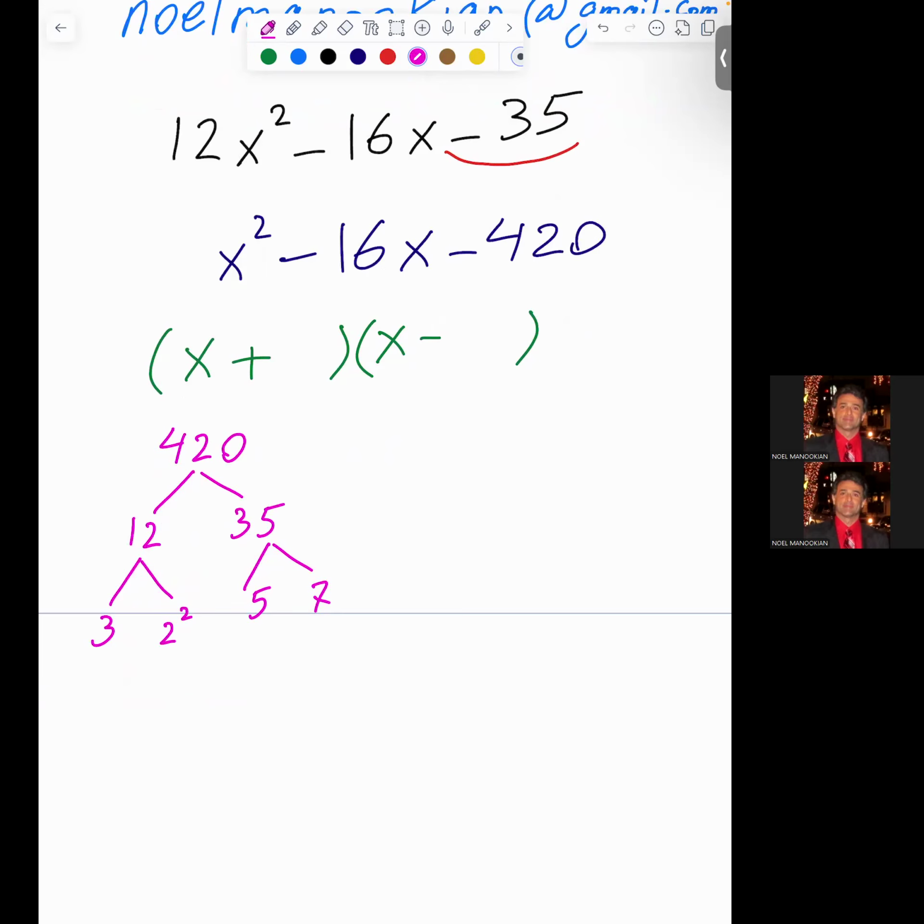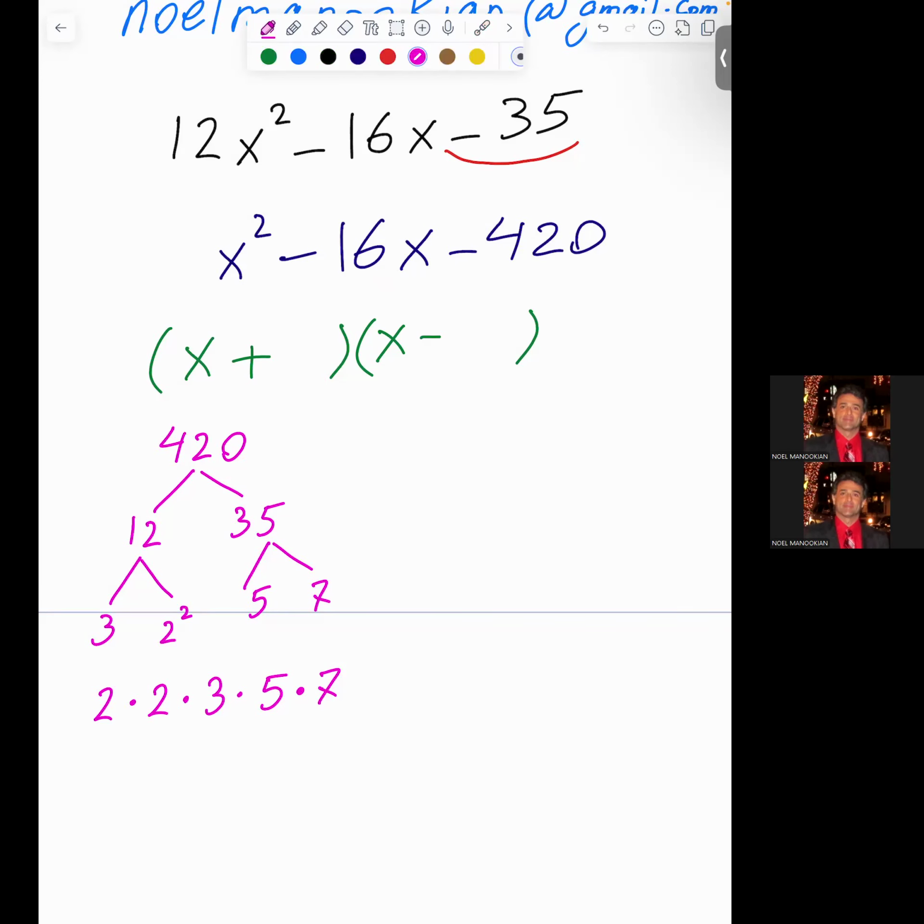So the prime factorization of 420 is, instead of 2 squared, 2 times 2, then 3, 5, and 7. If you multiply them, you're going to get 420. So now let's look at different combinations that you can get 420, negative 420, and then choose the combination that the sum of the two numbers will be negative 16.